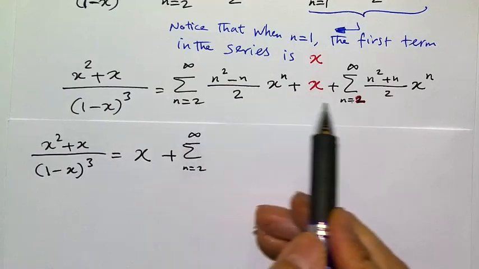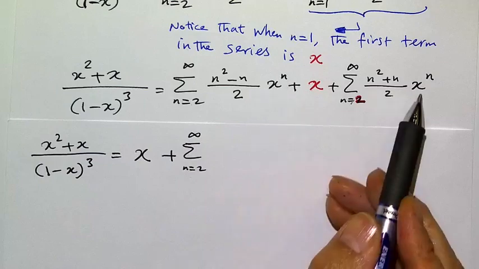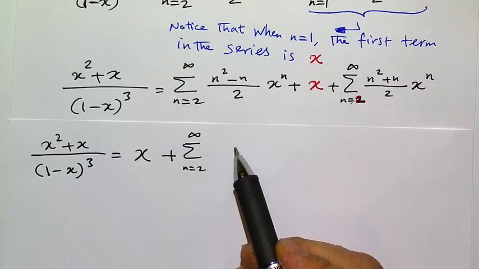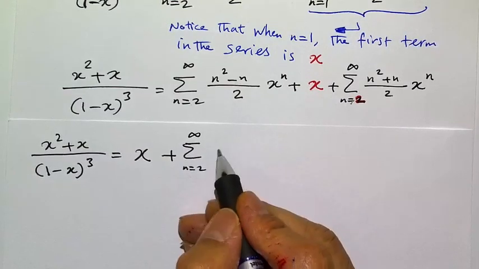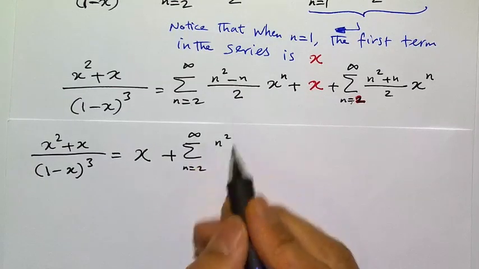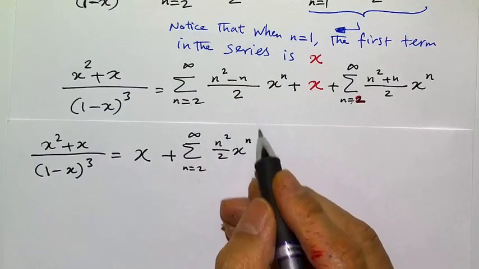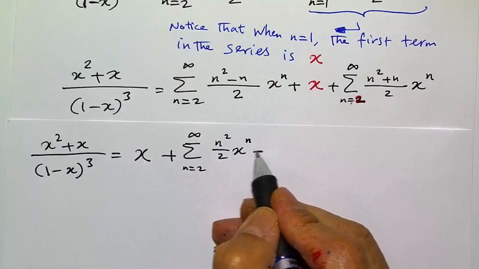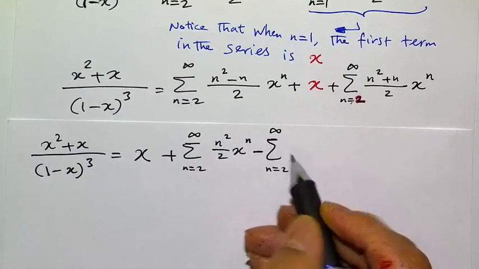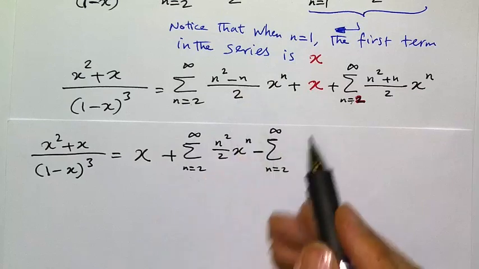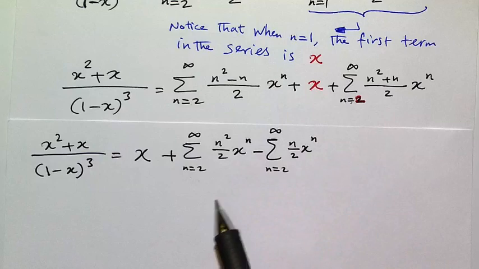Notice since the indices are the same and the x term is the same, we can simplify terms. And that's the nice thing about what we did so far. So we have n squared over 2 times x to the n power minus n over 2 times x to the n power, right?